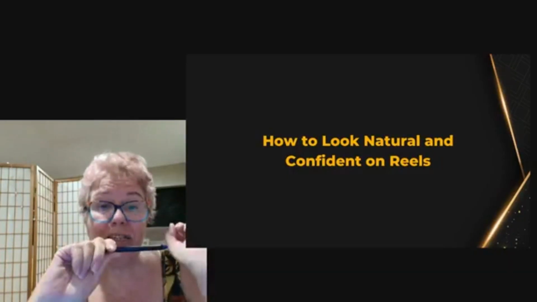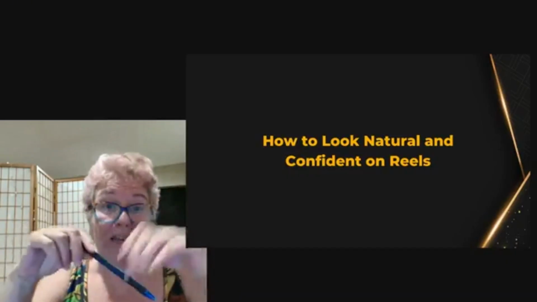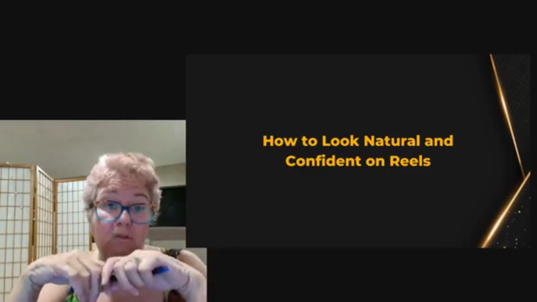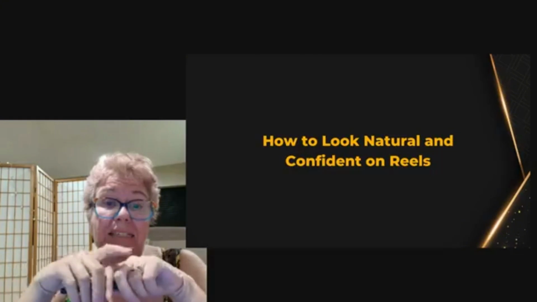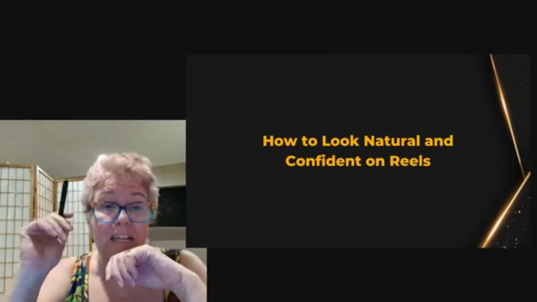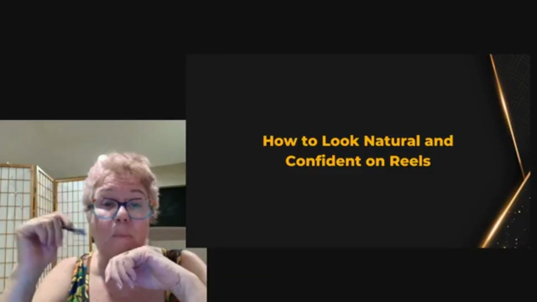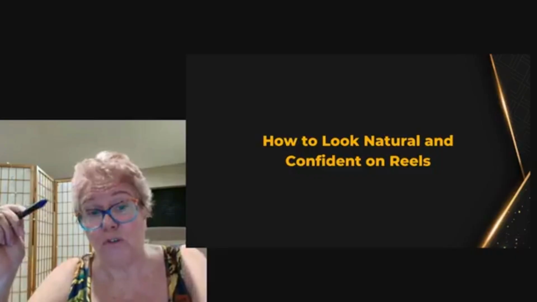And I do this because it stops me fidgeting, so that I look a lot more natural when I'm talking to someone. It is something in my hand, and it does garner attention, so people will look to see what it is that I'm fiddling with, and then stop and listen, which is what we want them to do.